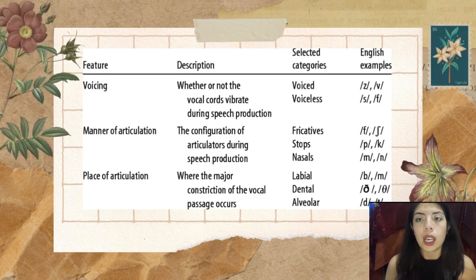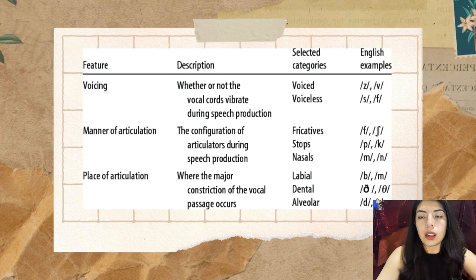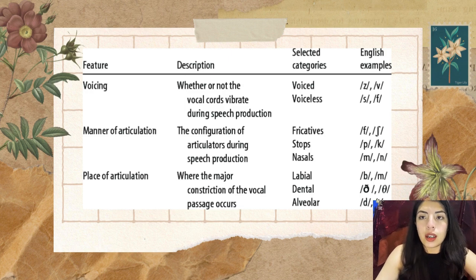For example, the phonemes Z and V are voiced because the vocal cords vibrate during speech pronunciation, but the phonemes S and F are voiceless because the vocal cords don't vibrate during speech production.